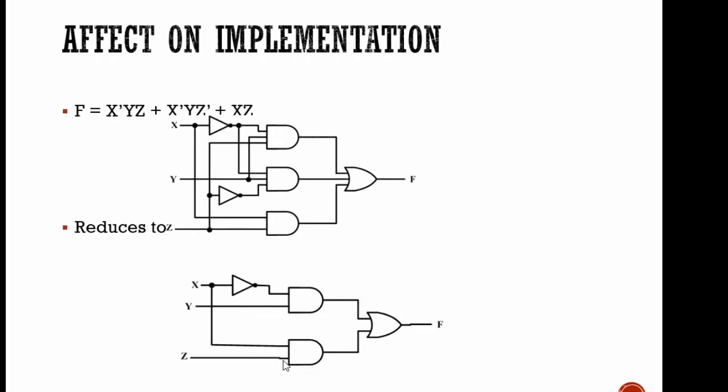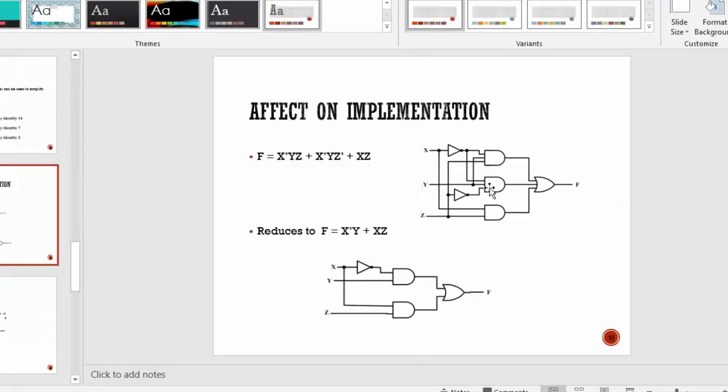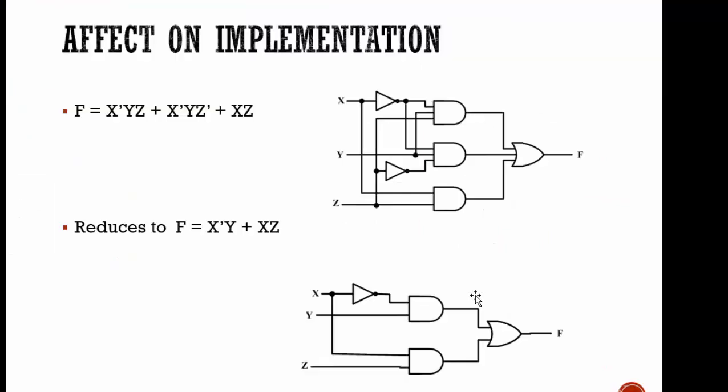Okay, so the effect on the implementation. If it was not simplified, this is how your logic gates would look. There will be more logic gates compared to a simplified one. The simplified one has fewer logic gates, but you will have the same result as the one with plenty of logic gates.